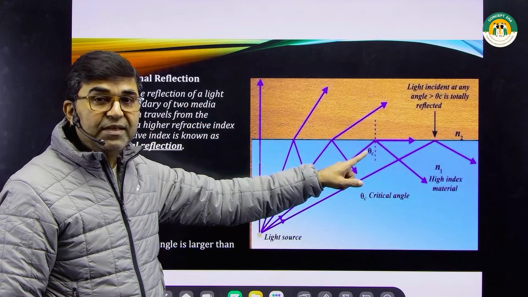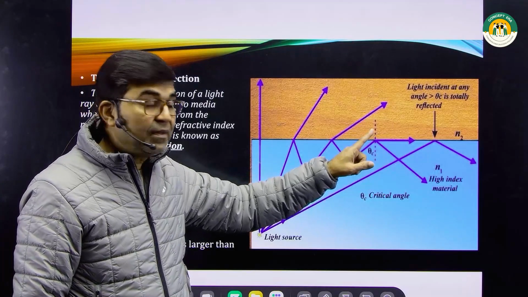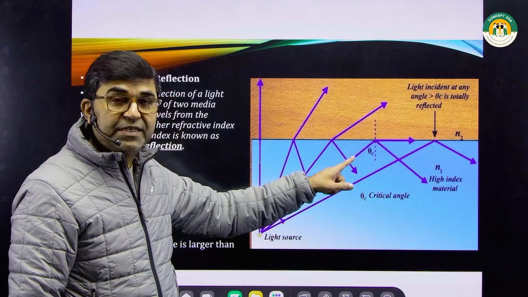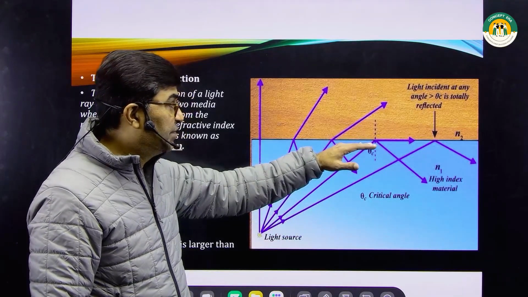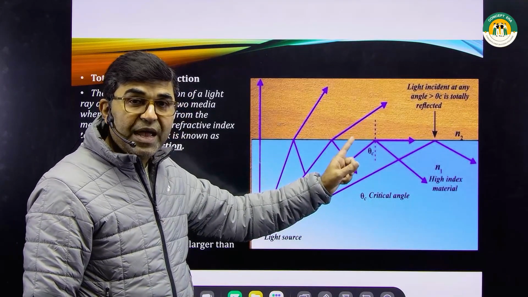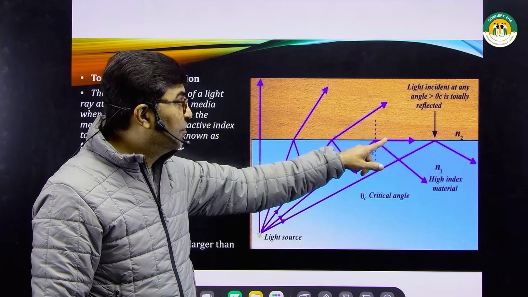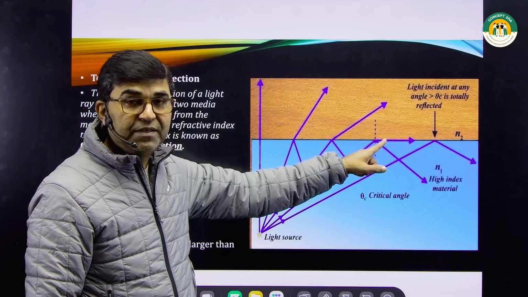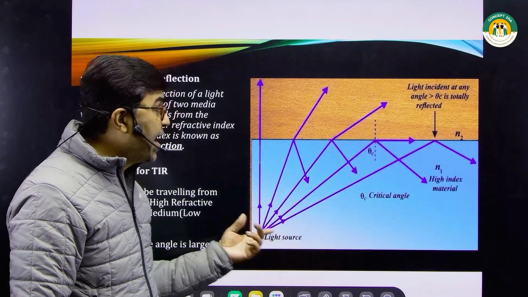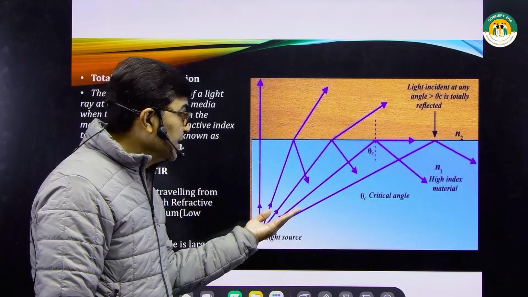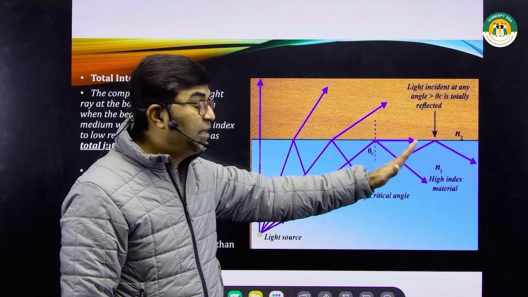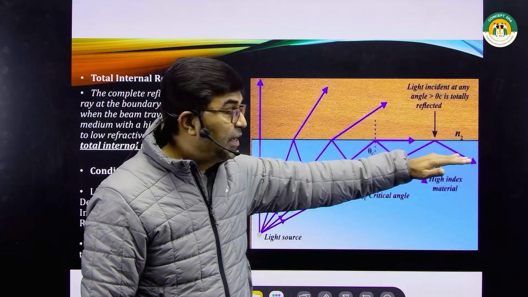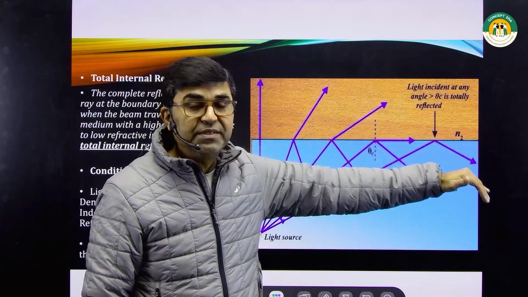So critical angle is that particular angle of incidence, when the light is traveling from a dense medium to a rare medium, for which the angle of refraction becomes 90 degrees. And if the angle of incidence is further increased from the critical angle, the light does not get refracted anymore, it will get reflected into the same medium.